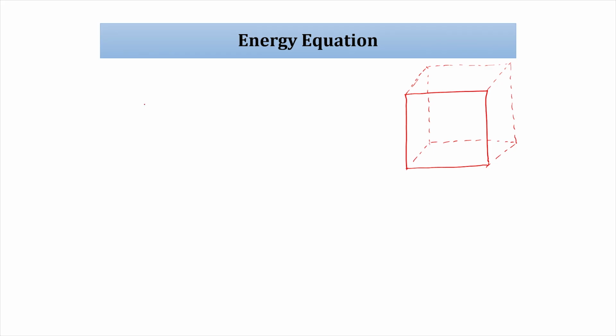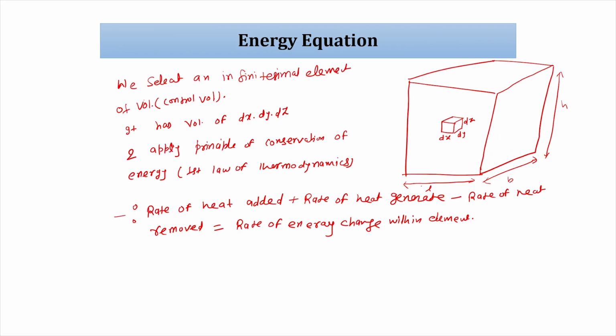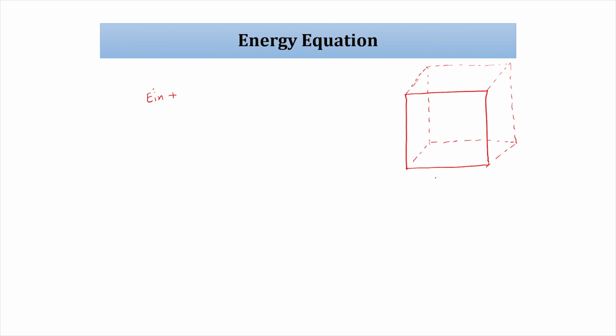So energy conservation is saying E dot in plus rate of heat generated minus rate of heat removed equals rate of energy change within the element. What is the element? It has thickness dx. The coordinate system you can make x, y and z. The elemental thickness is dy and the depth is dz, isn't it?